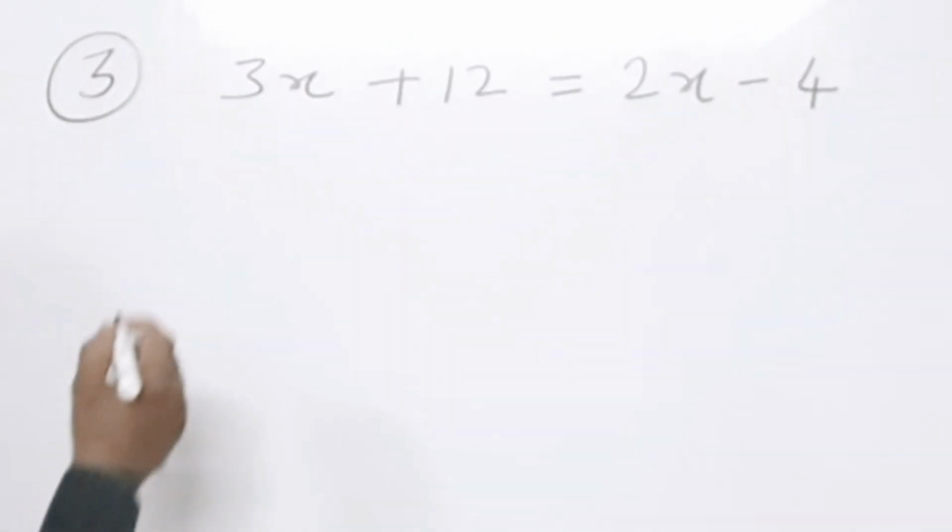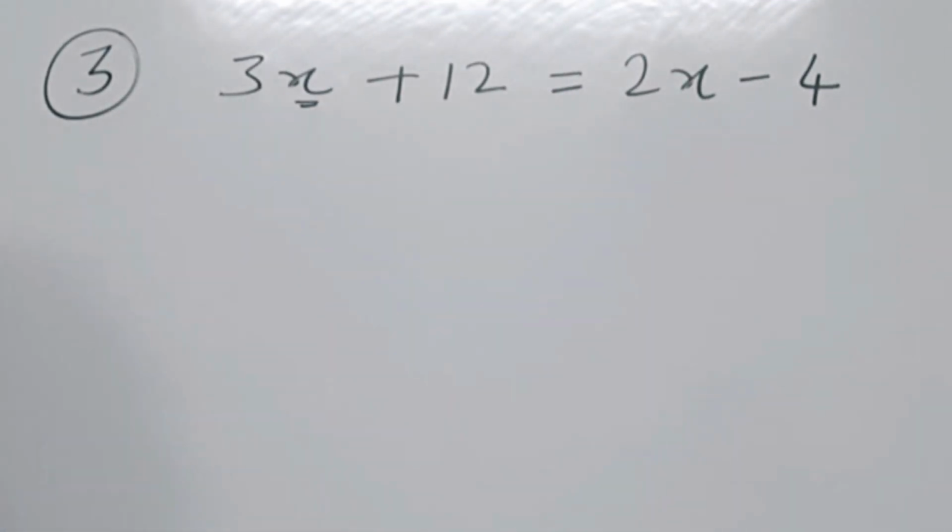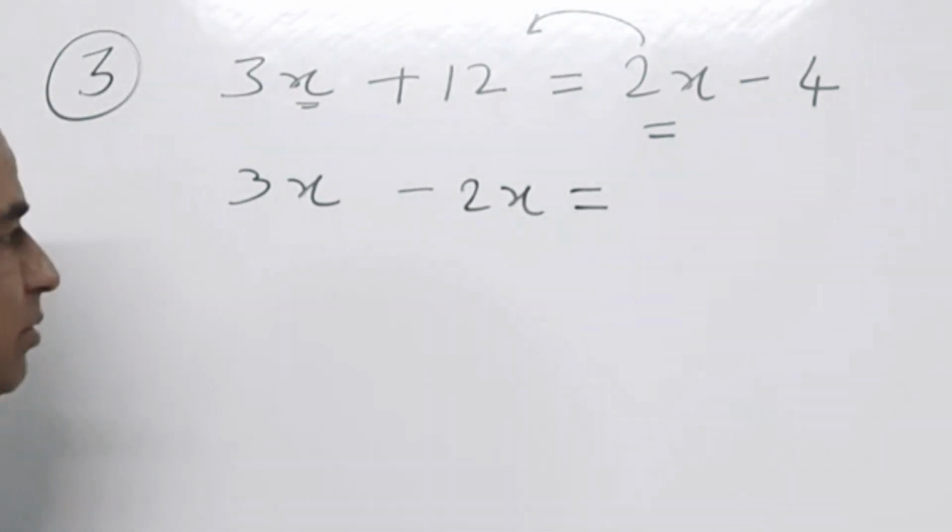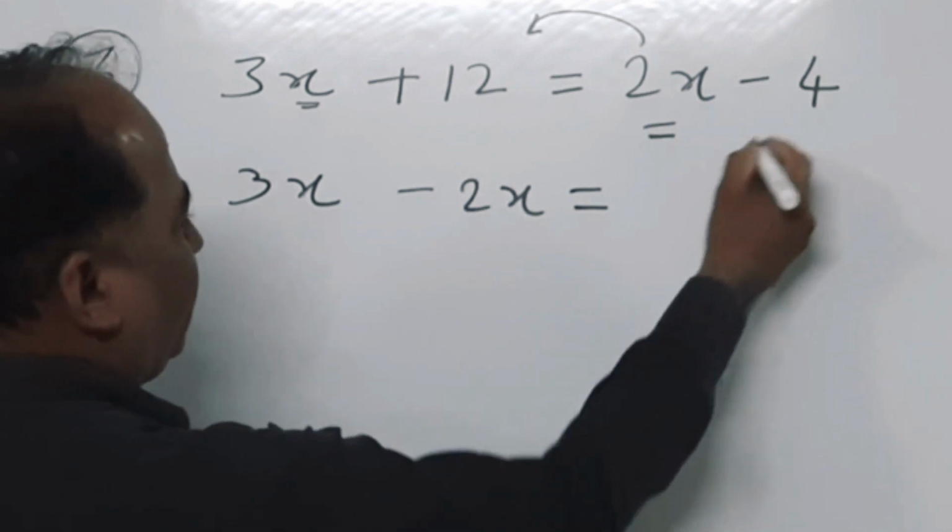Another example, 3x plus 12 is equal to 2x minus 4. We have to find the value of x. In this equation, take the variables on one side of the equal to sign and numbers on the other side. Plus 2x will come on the left hand side and become minus 2x, and minus 4 remains as it is.